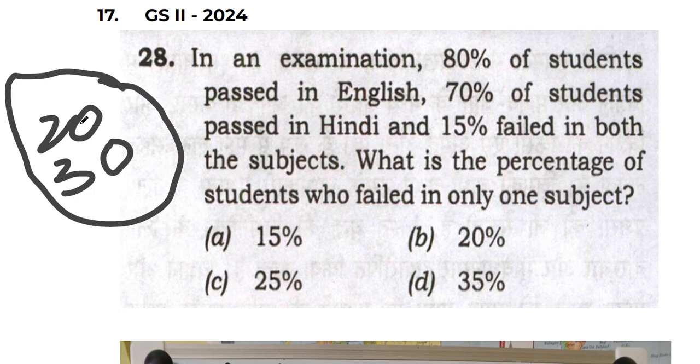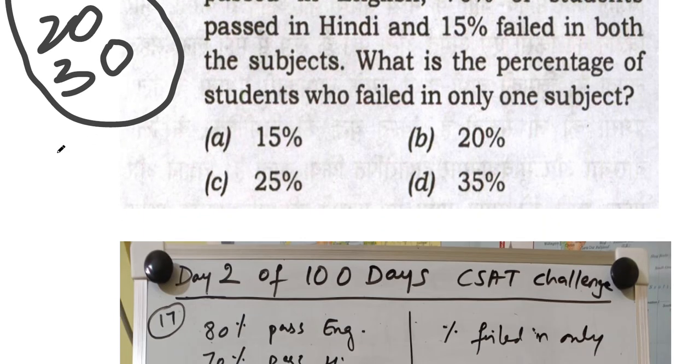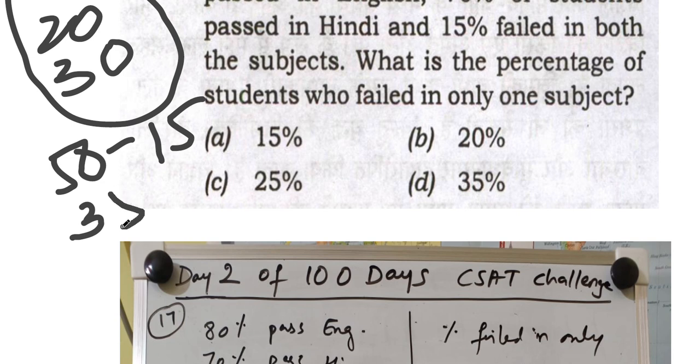They are telling that among these, 15 failed in both the subjects. They are included in this value only. So 50 minus the 15 will give you 35, and these 35 are the students who failed in just one subject, correct?